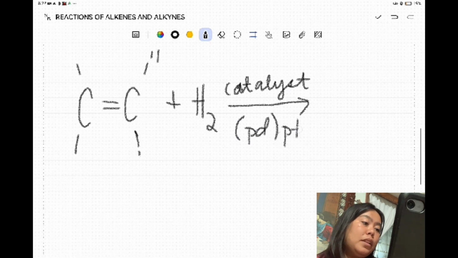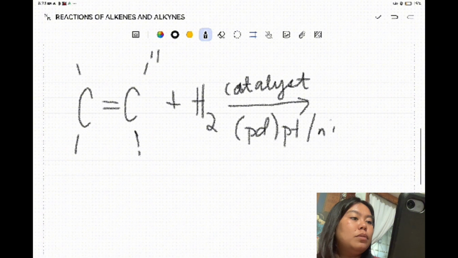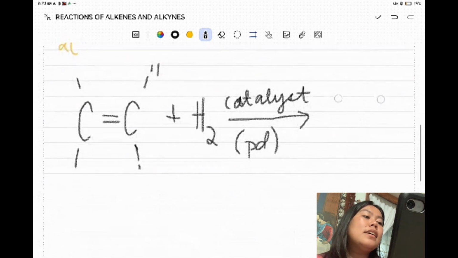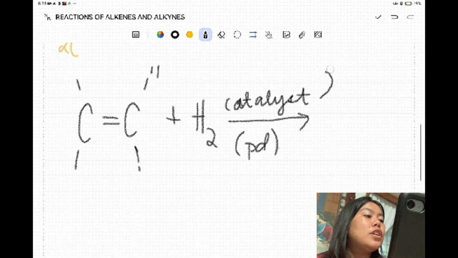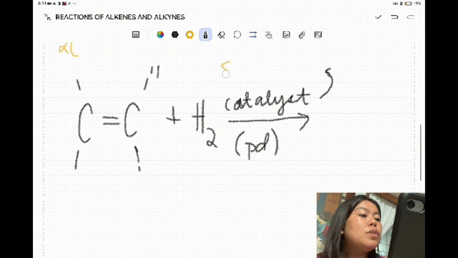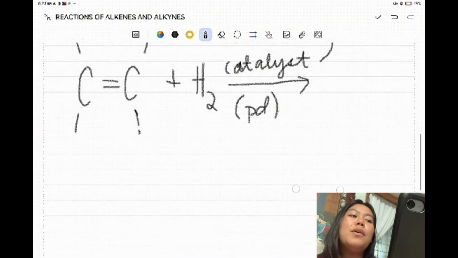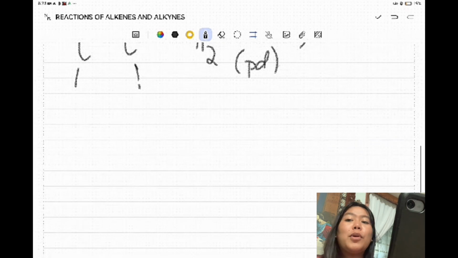You can use Pd or Ni, it's up to you, but let's use Pd here. The function of the catalyst is to speed up the reaction of alkenes in connection with the addition of hydrogen. That is what makes it react faster.